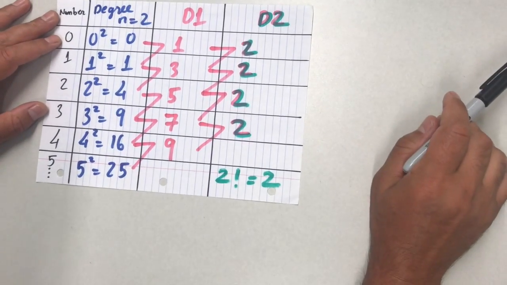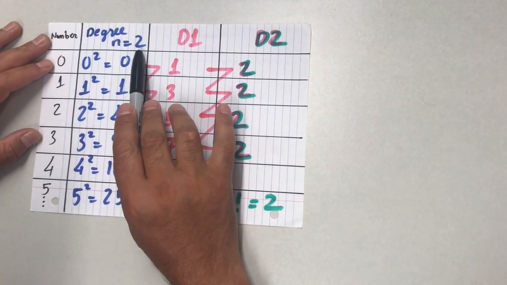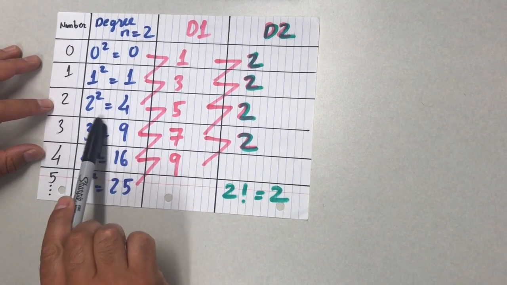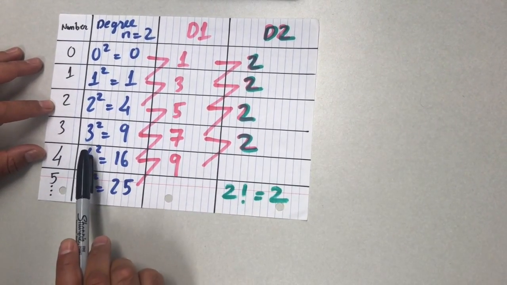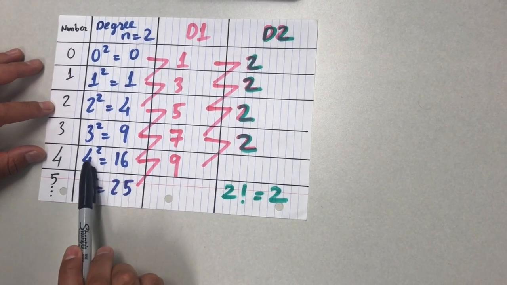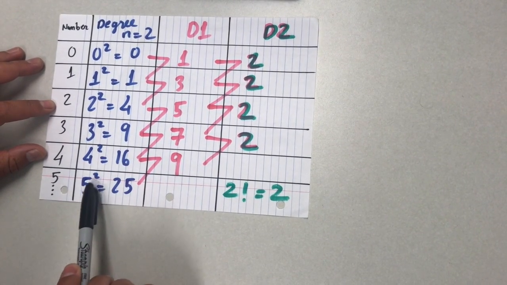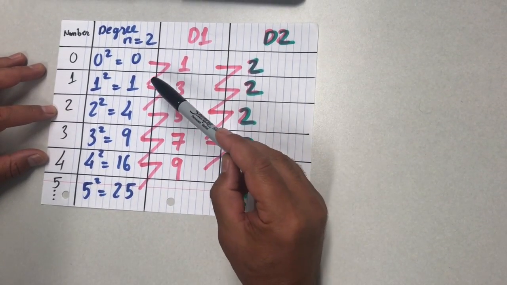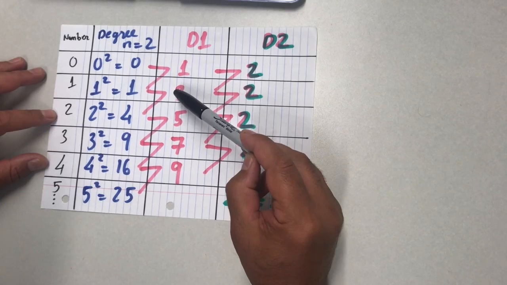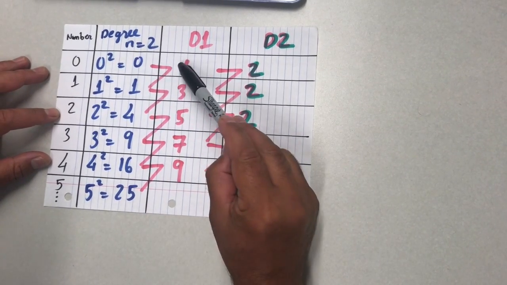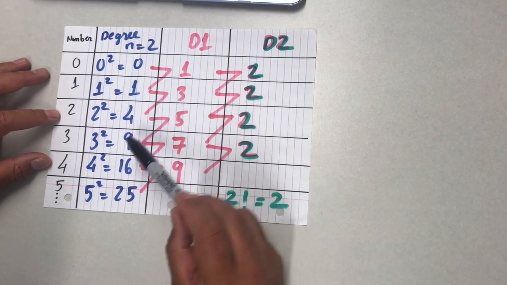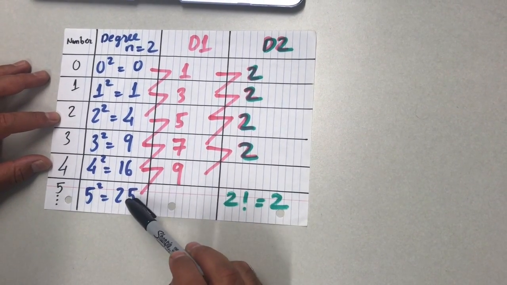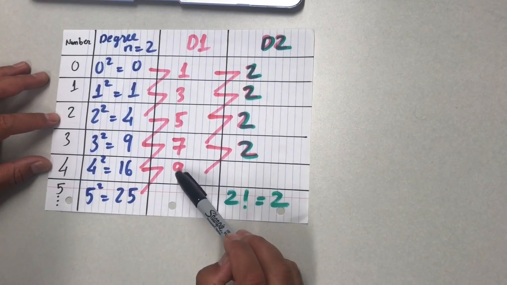Let's start now with n equals 2, degree of 2. So 0 to the power 2 is 0, 1 is 1, 2 is 4, 3 is 9, 4 squared is 16, 5 to the power 2 is 25. Now let's take the differences: 1 minus 0 is 1, 4 minus 1 is 3, 9 minus 4 is 5, 16 minus 9 is 7, 25 minus 16 is 9.